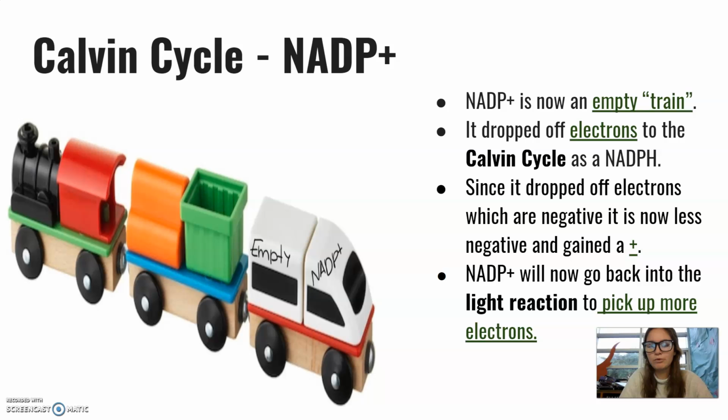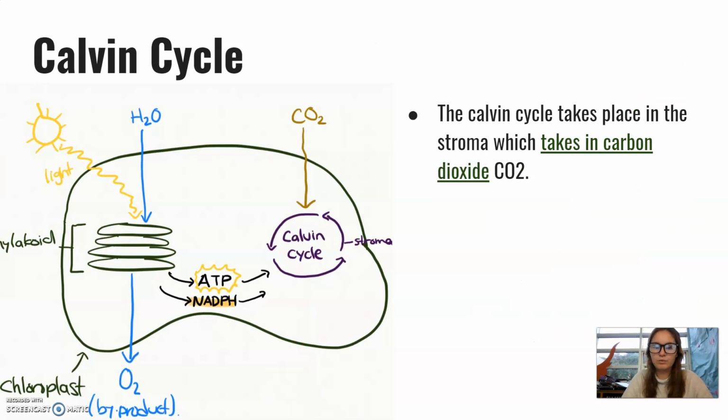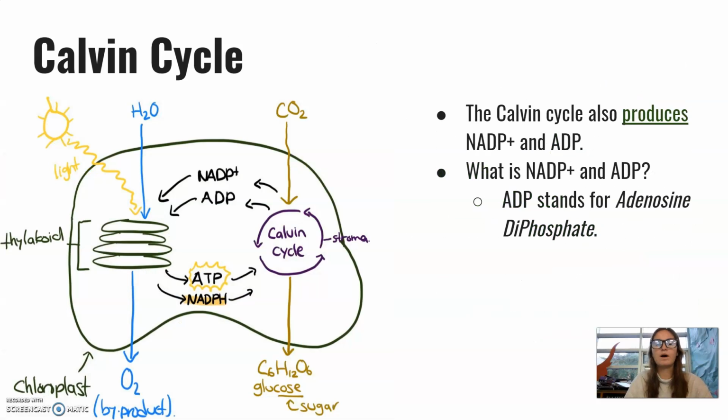Okay, so before we move on to the activities, I want to really quickly recap what this looks like. Photosynthesis consists of the light reaction, which occurs in the thylakoid, and the Calvin cycle, which occurs in the stroma. It's just that space in the chloroplast. We have 2 electron carriers, energy carriers, that are transporting energy from the light reaction. Okay, remember we're getting that energy from the sun.